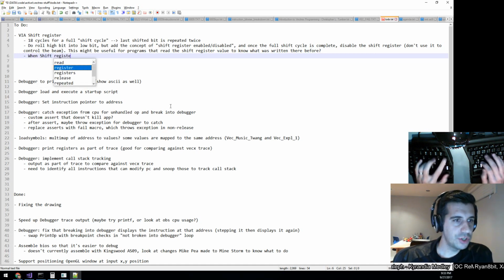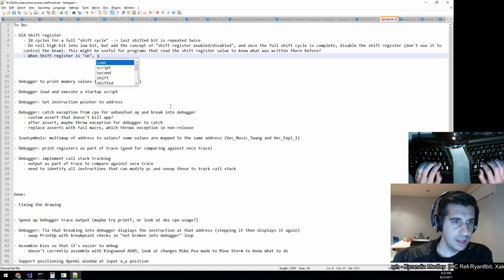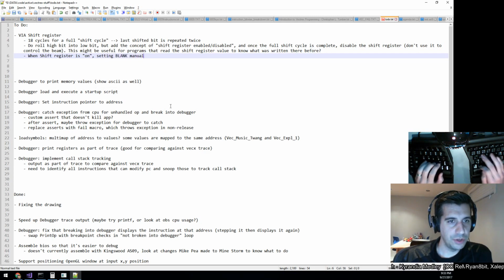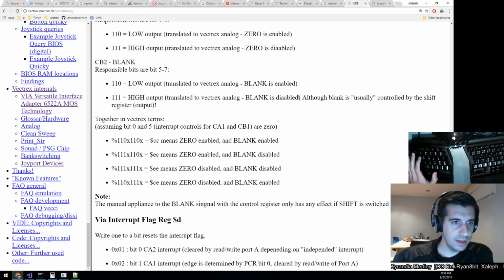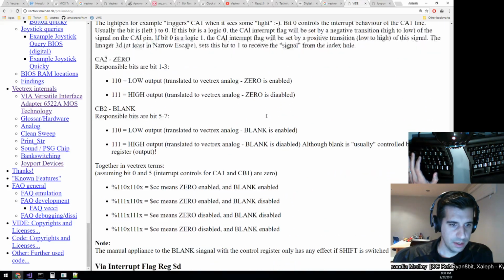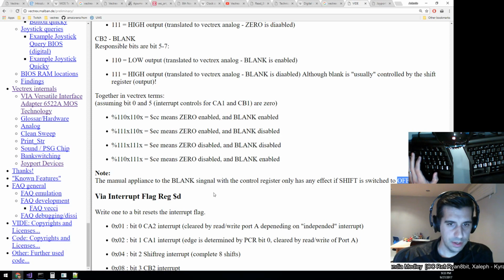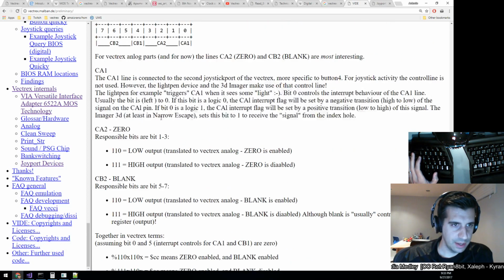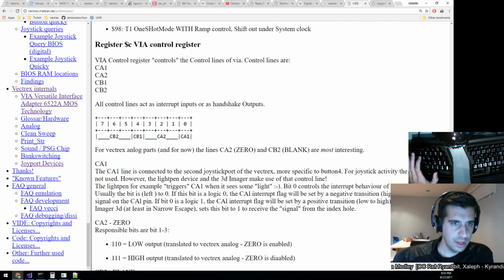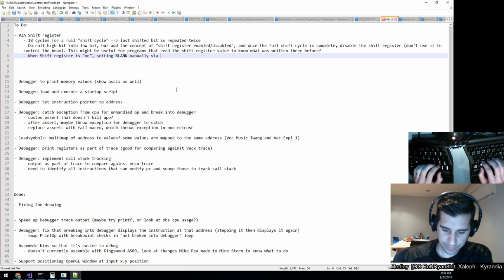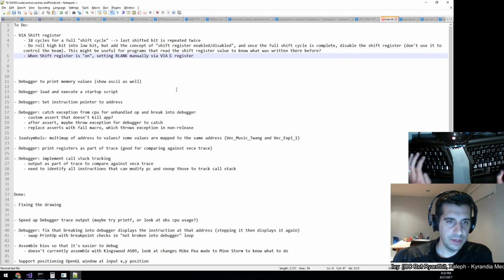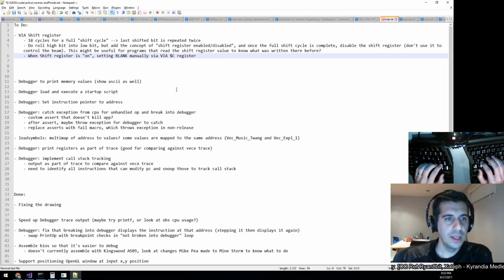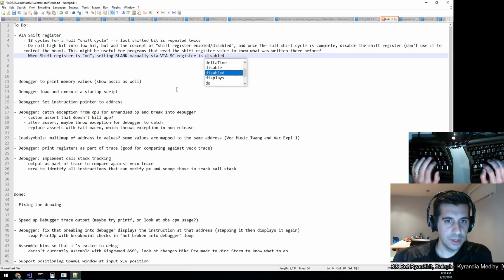When shift register is on, setting blank manually via CB2, I guess, yeah. The C register is disabled.